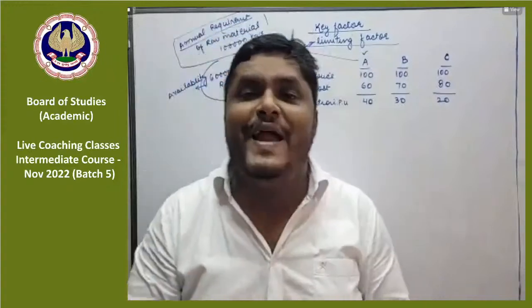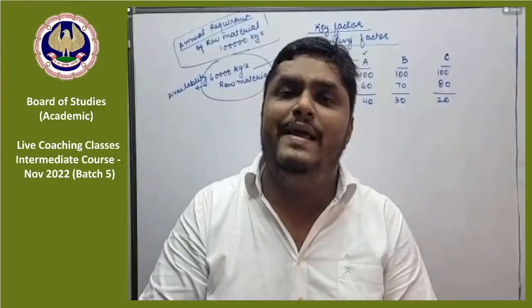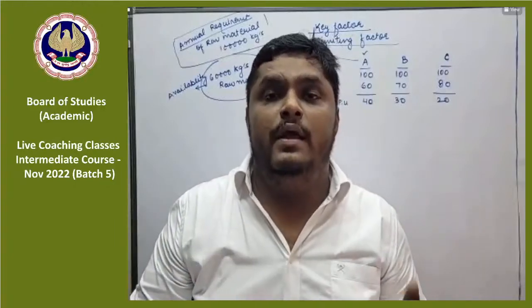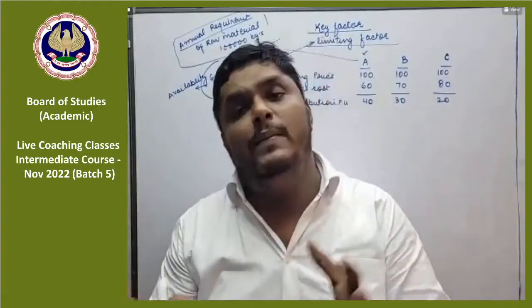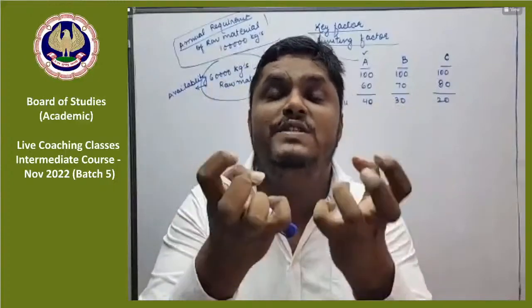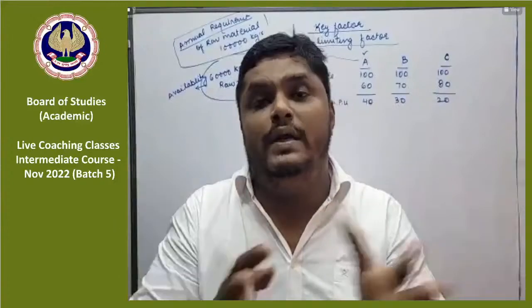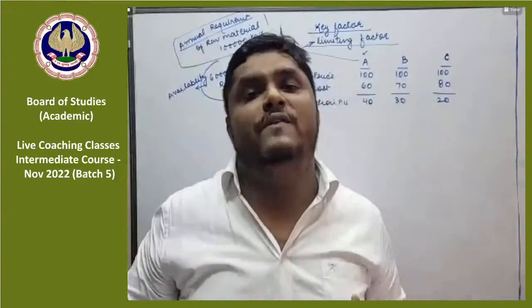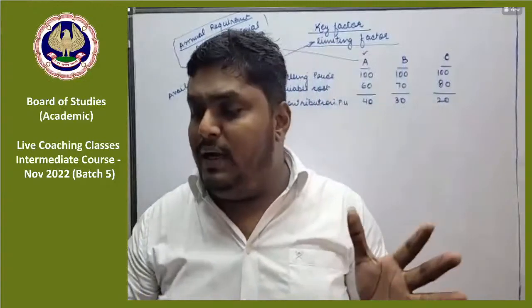So what is a key factor or limiting factor? Very simple, guys. The resources which are available in limited quantity. So that is the key factor. In this case, the raw material is our key factor. Now, very important, guys.